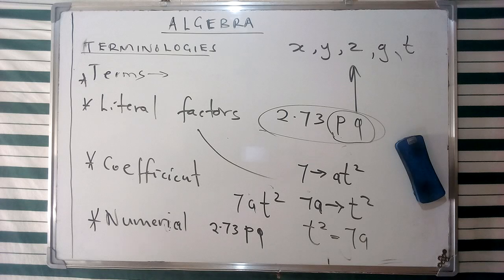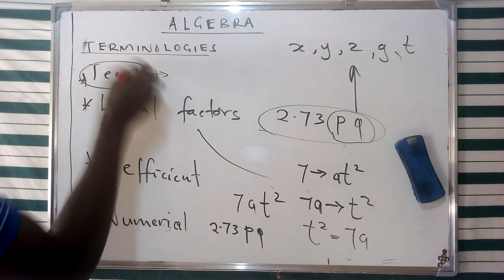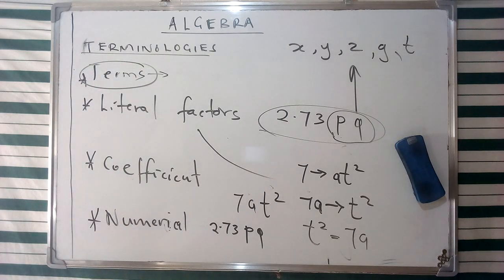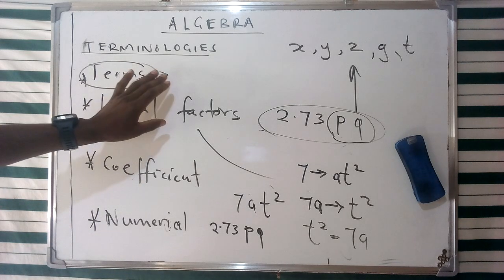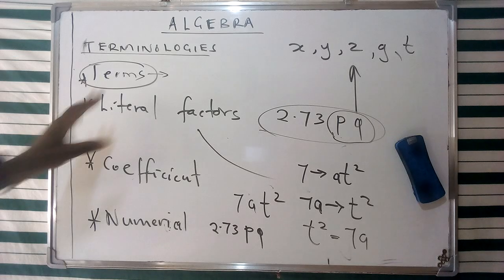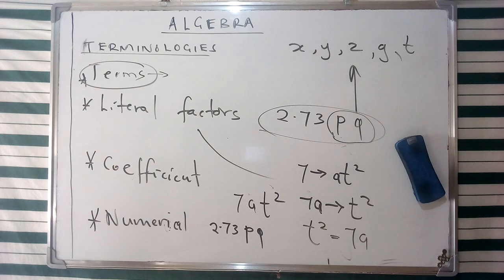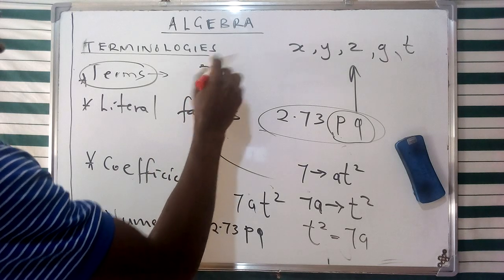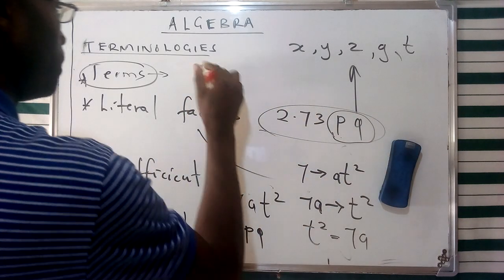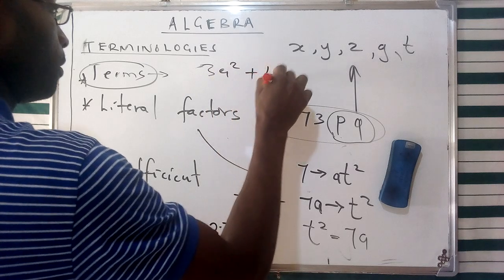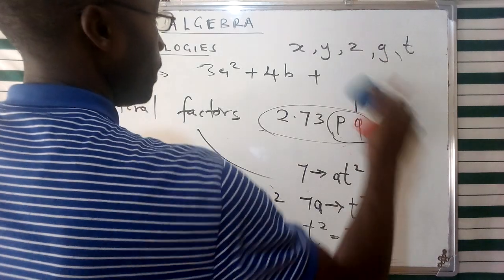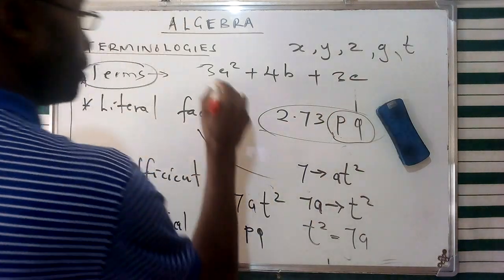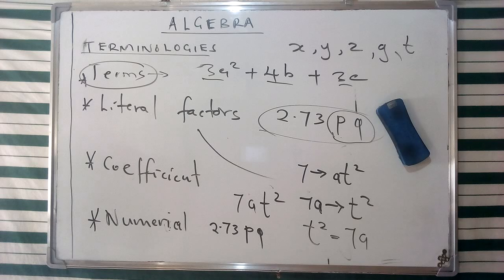So in this particular video, I hope that we understand the concept of terms, which I've said are parts of the algebraic expressions which are connected together using the addition sign. And I've given an example of an expression, for instance 3a squared plus 4b plus perhaps 3c, and these are the various terms of this expression.